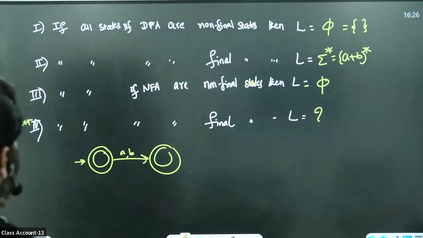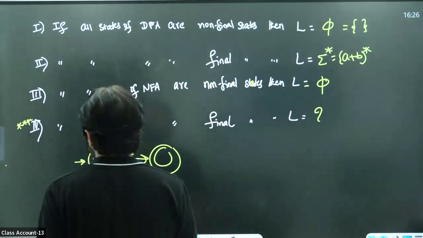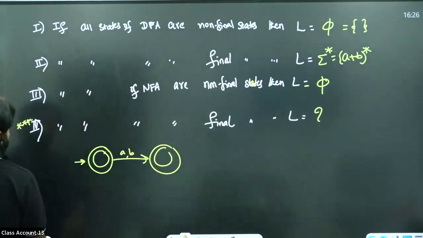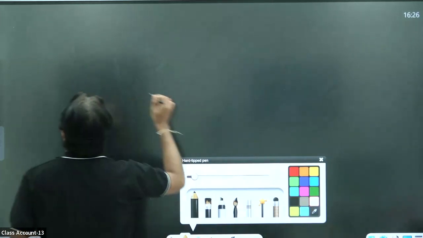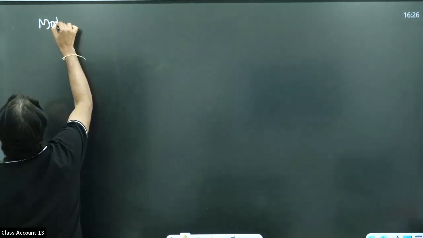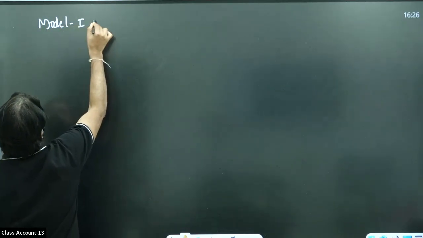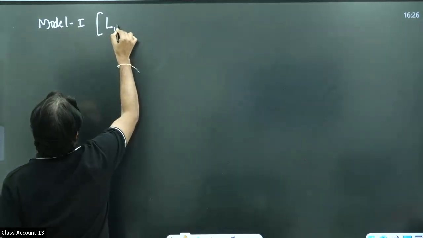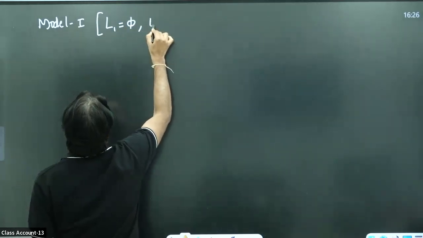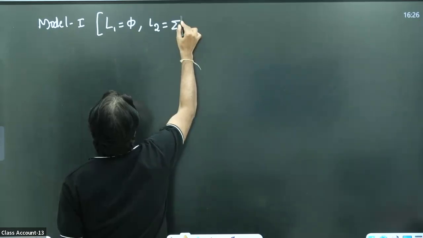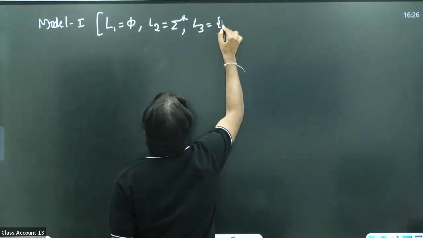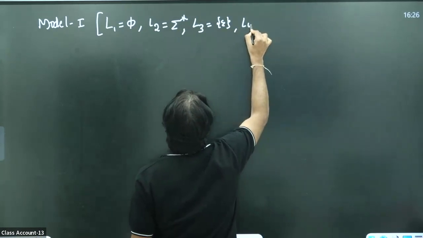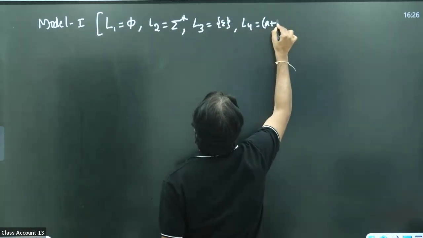And very important points. Now we are going to start construction. I just say model 1. The reason is very easy problems. In model 1, you will see something like language is empty, language is sigma star, language 3 is only epsilon, language 4 is (a plus b) whole plus.